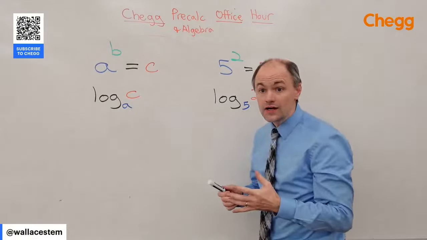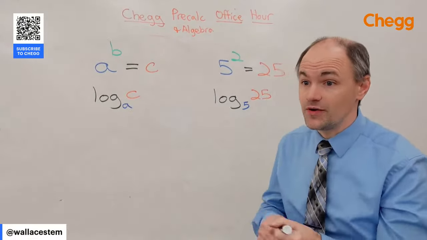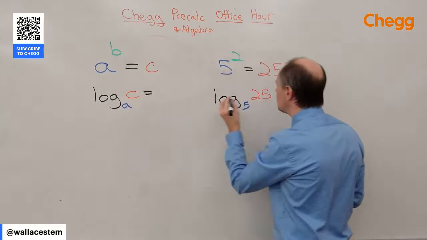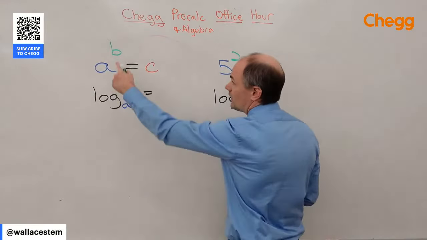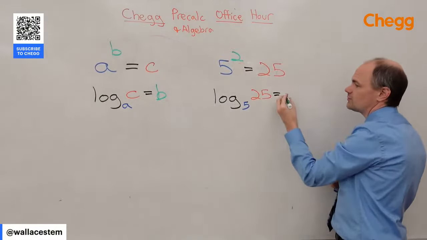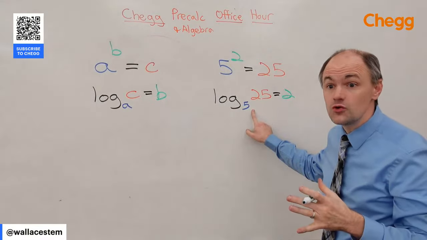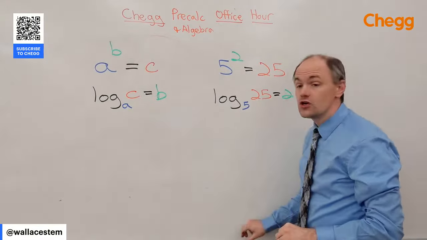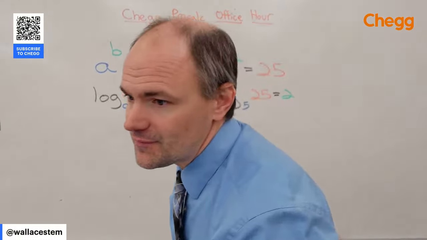But a log, and I say this all the time, a log is an exponent. So a log will equal the exponent every time. The log equals this exponent of B. The log equals this exponent of 2. So log base 5 of 25 equals 2 is the exact same thing as 5 squared equals 25. A log is an exponent.